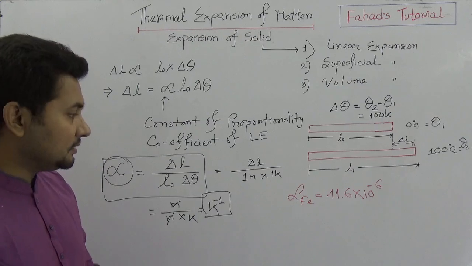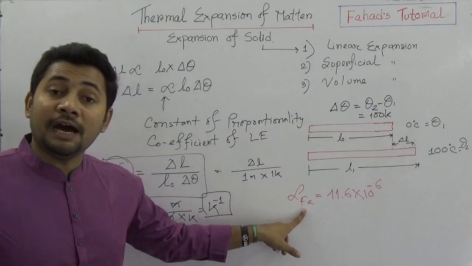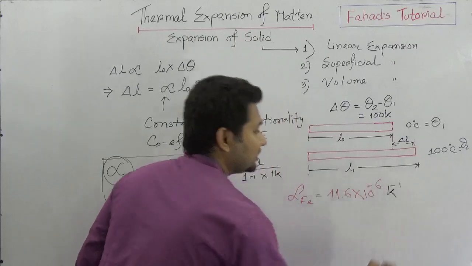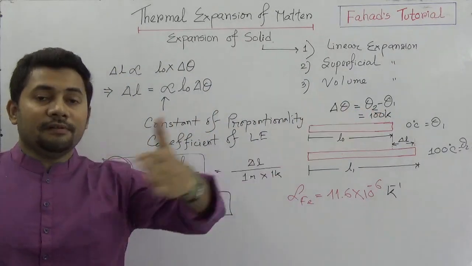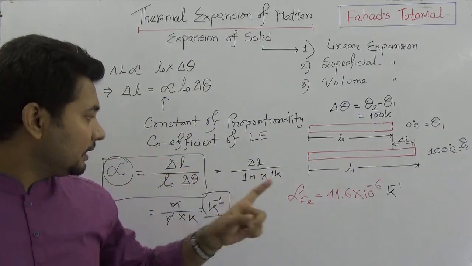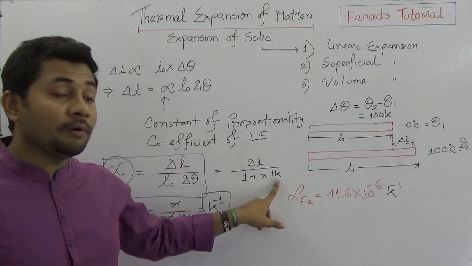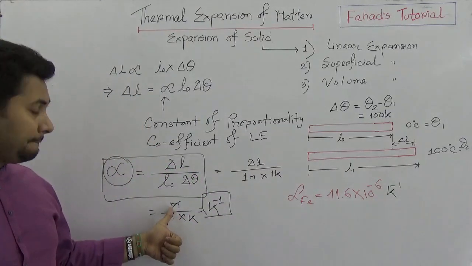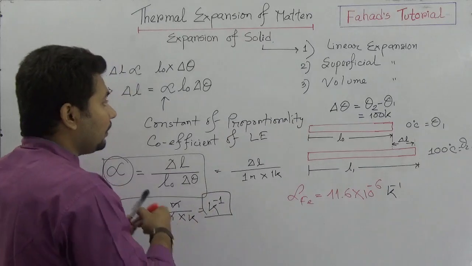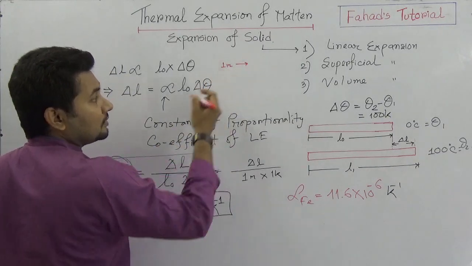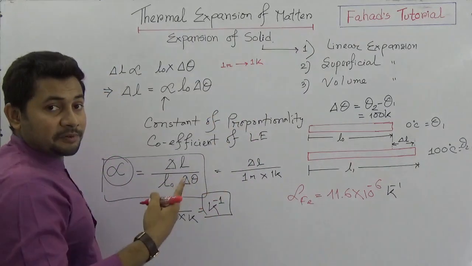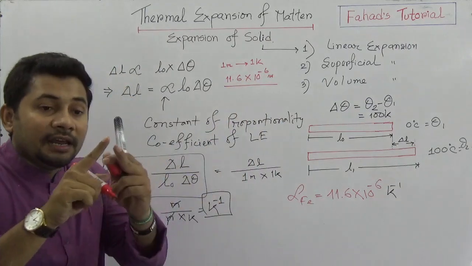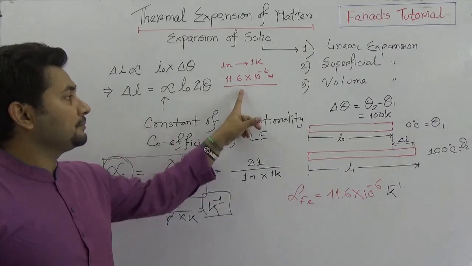Now if I say that the coefficient of linear expansion of iron is 11.6 times 10 to the power minus 6 per Kelvin, it means if a rod made of iron is 1 meter long and I increase the temperature by 1 Kelvin, then 11.6 times 10 to the power minus 6 meter of length will increase, and this is alpha.